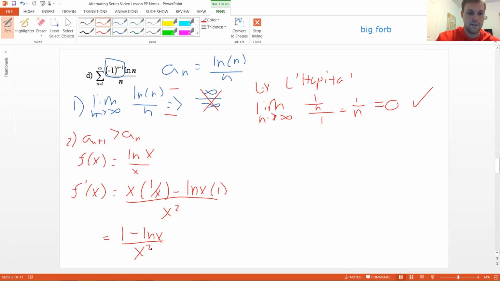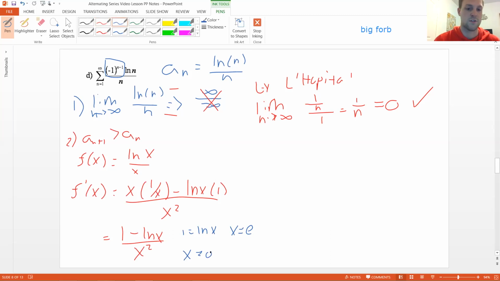Now, what makes that 0? What makes the top 0? If you set the top equal to 0, you get that 1 equals ln of x. And what makes ln of x 1? That is e. And what makes the bottom 0 is just 0.